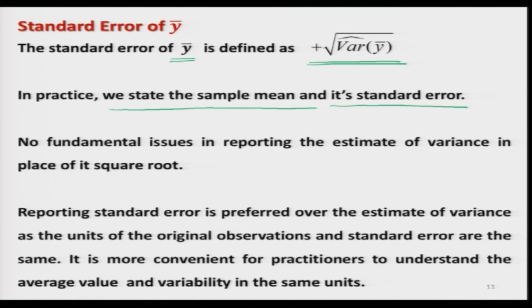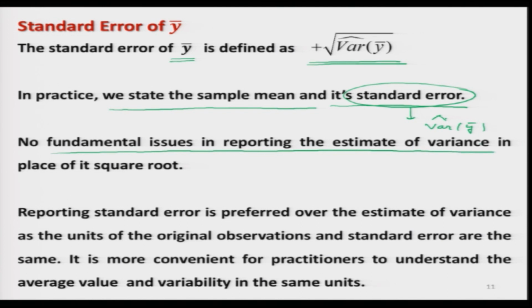Well, you also have an option that instead of this standard error, you can also report the estimate of the variance of y bar, right. And I would like to make it 100% clear here that there is no fundamental issue in reporting the estimate of the variance in place of its positive square root, right. The only difference is, for example, suppose y is your height, some observation on height, measured in centimeters.